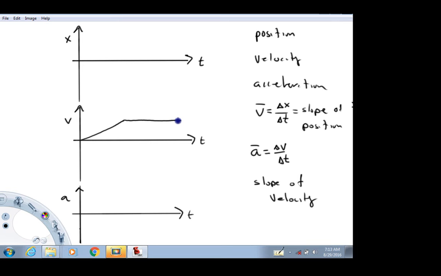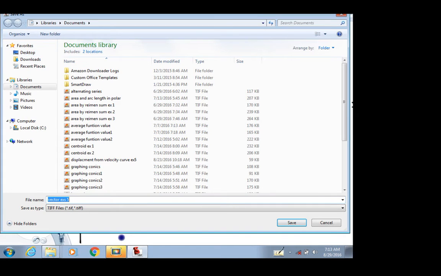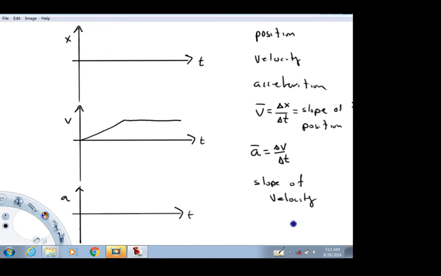All right, and what we want to be able to do now is, from this velocity graph, sketch a position graph and an acceleration graph.